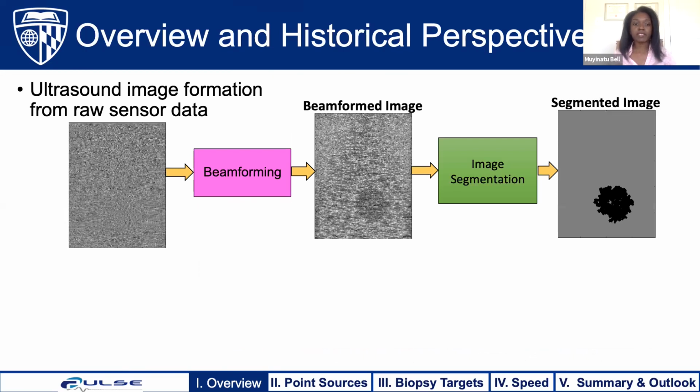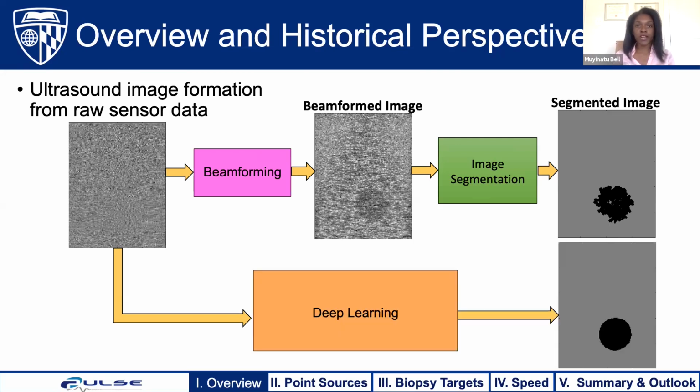While deep learning has traditionally been applied to the beamformed image to segment structures of interest, by the end of this talk, I hope to give you a greater appreciation of the novelty introduced by my lab, which breaks from traditional applications of deep learning to beamformed images and starts with raw data to replace the mathematical component of image formation with deep learning to produce a range of more desirable images.